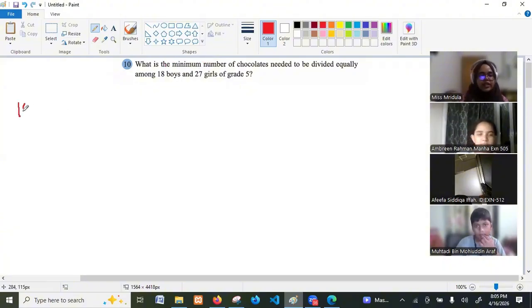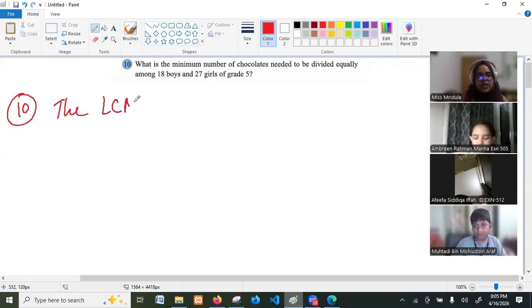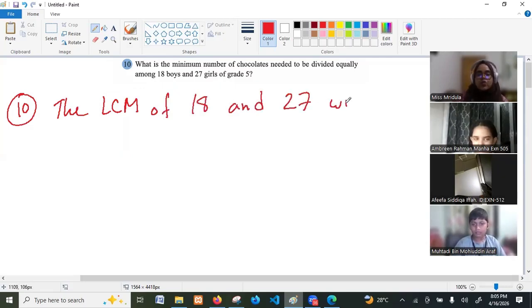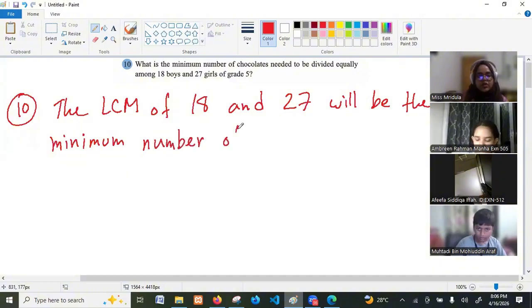So, we will write in this way. We will write the LCM of 18 and 27 will be what they have asked, the minimum number of chocolates needed.